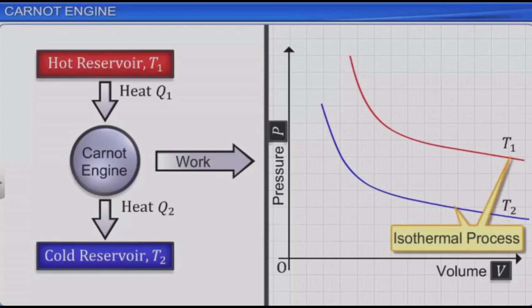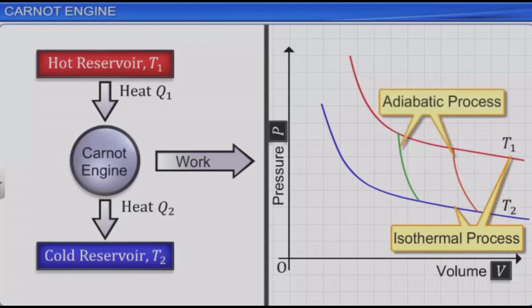In the first process, the temperature of the system changes from T1 to T2. And in the other process, the system is taken back from T2 to T1. Since there is no exchange of heat involved in these two processes, they must be adiabatic. The cycle of two isothermal and two adiabatic processes through which the working substance of a Carnot engine passes is known as the Carnot cycle.